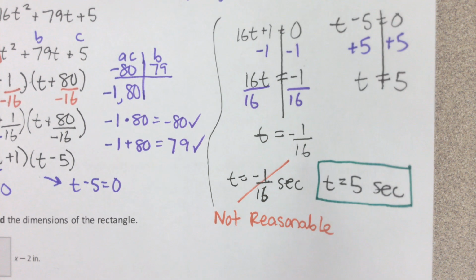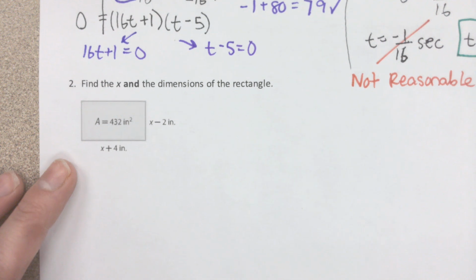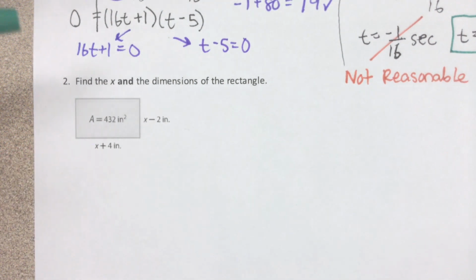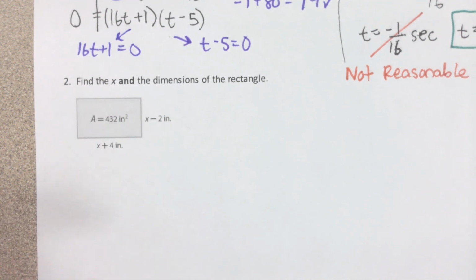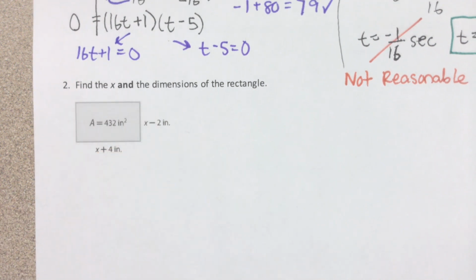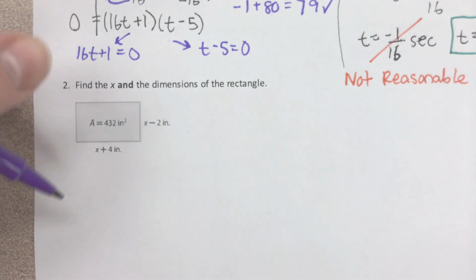Okay. Number 2, find the x and the dimensions of the rectangle. So here they tell us that this rectangle has an area of 432 inches squared, and then we have our 2 sides, x plus 4 and x minus 2. Let's refresh our memories.